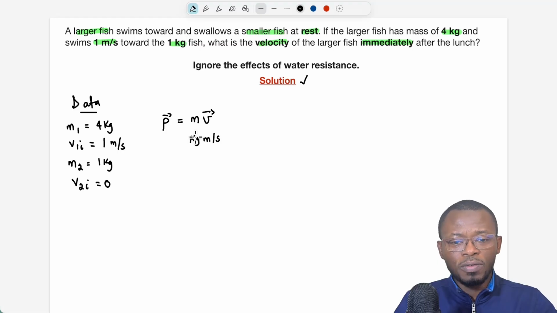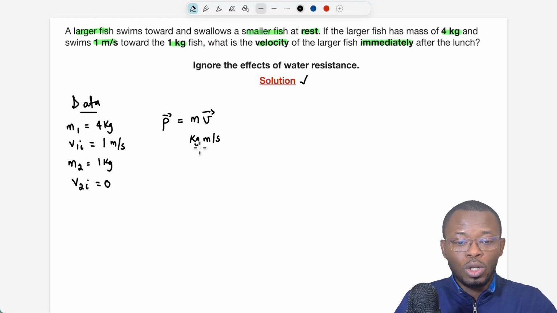The law of conservation of linear momentum says that provided there are no external forces acting on a system of interacting bodies or a system of colliding objects, then the momentum before and after collision or interaction must be the same.